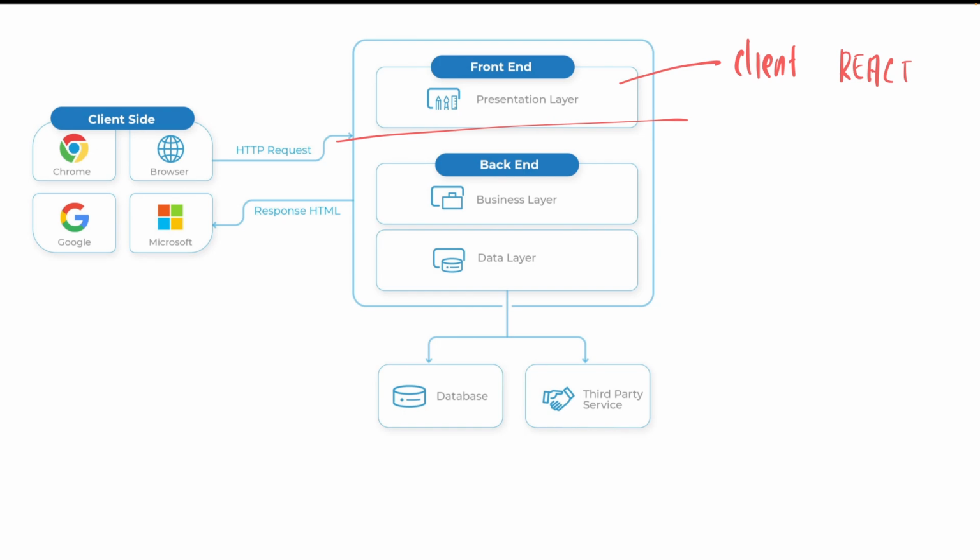Then the lower part is all of the back end. That is the server side of our application. That part was all under the server folder, and it was all implemented with Express, right?